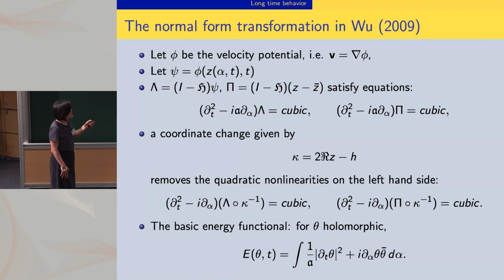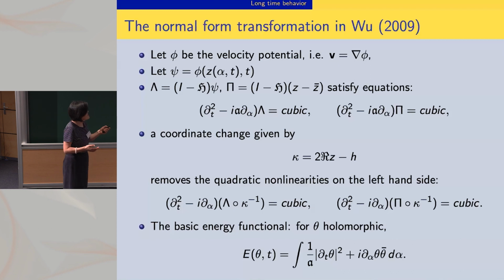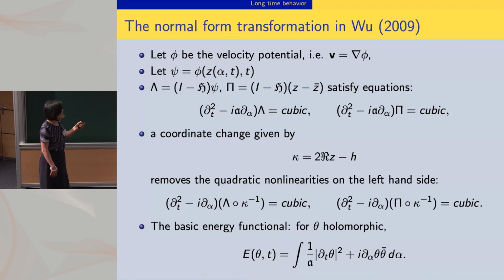You project this quantity to the space of holomorphic functions in the air region. And you also project z minus z bar, which is the height only, because it's the imaginary part of z. So it's only the height of the interface. You also project the height of the interface to the holomorphic functions in the air region, and it turns out these two quantities satisfy an equation of this form.